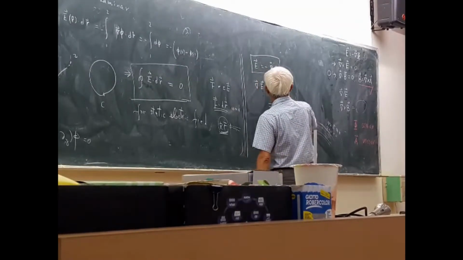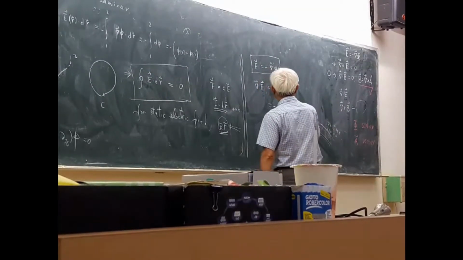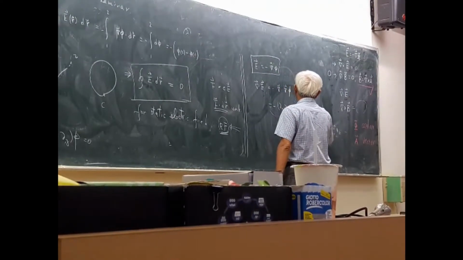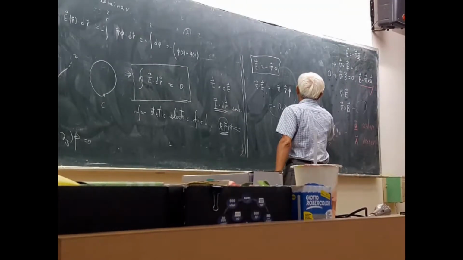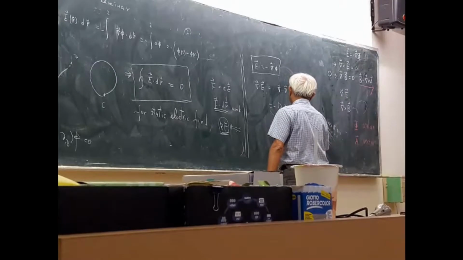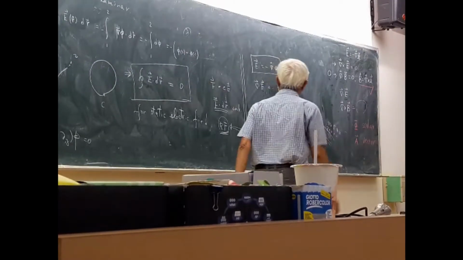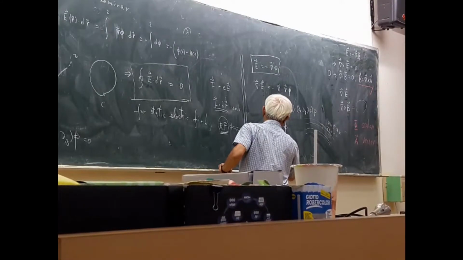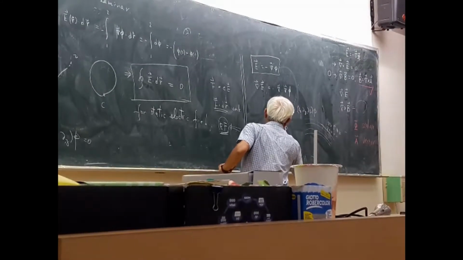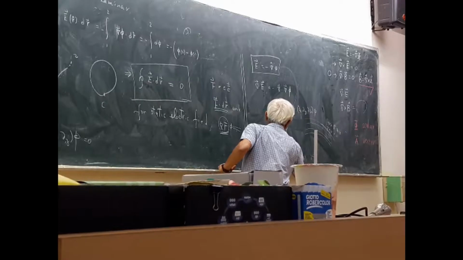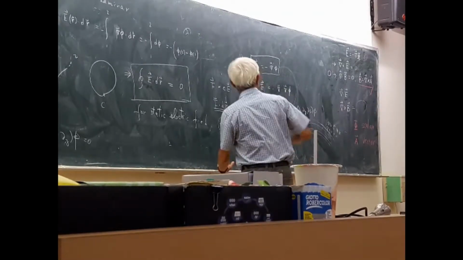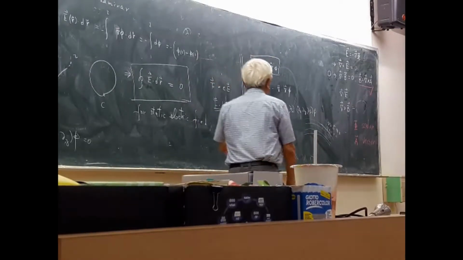That means you write partial x, partial y, partial z dotted with partial x, partial y, partial z, acting on phi. That is minus Laplace phi. This Laplace operation is very important.